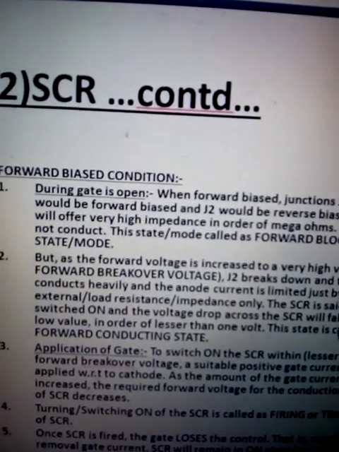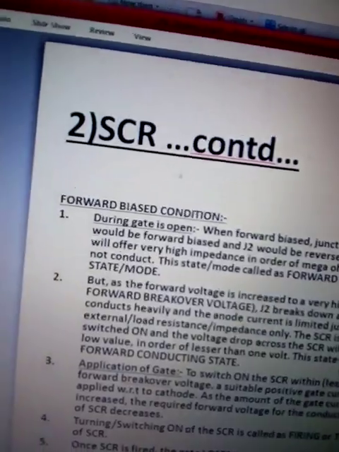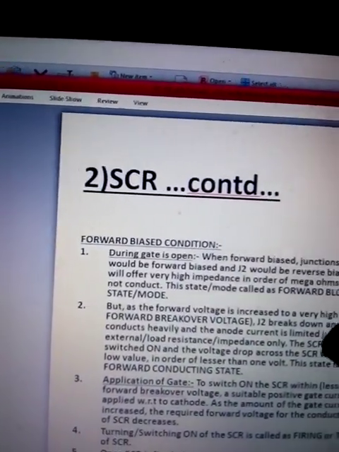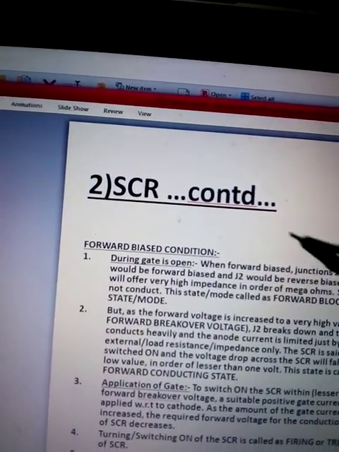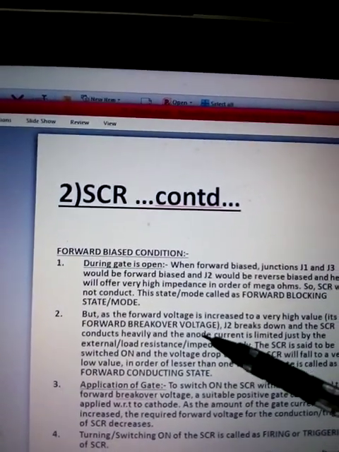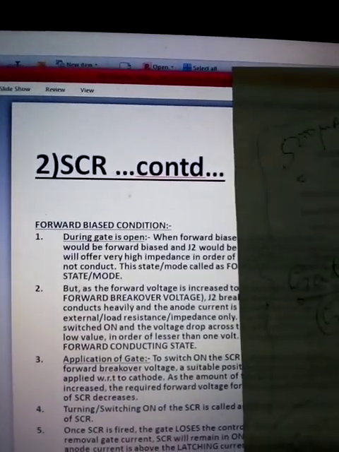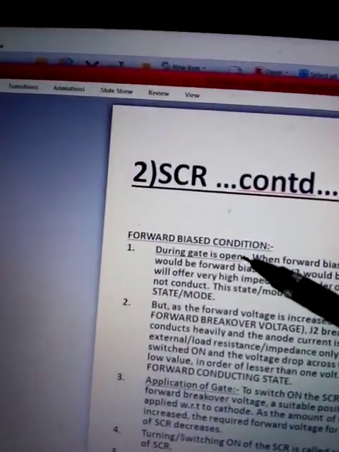This is said here in these two paragraphs: forward blocking state and forward conduction state. These two conditions are done with the gate open. So forward breakdown voltage is that voltage necessary for the SCR to conduct when gate is open, when there is no gate current.